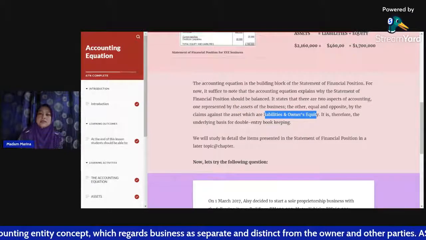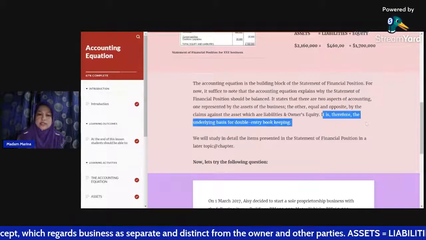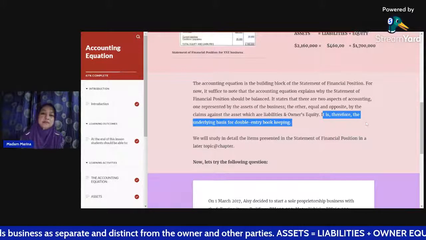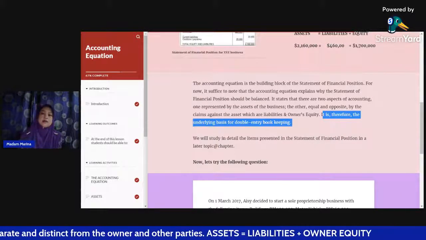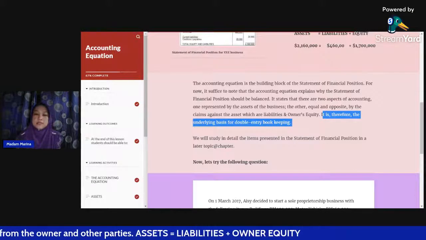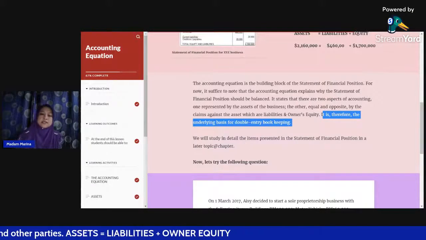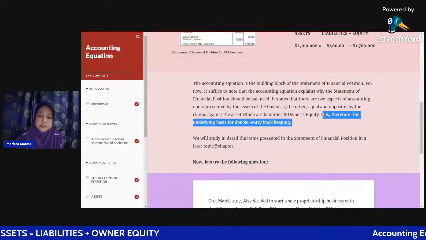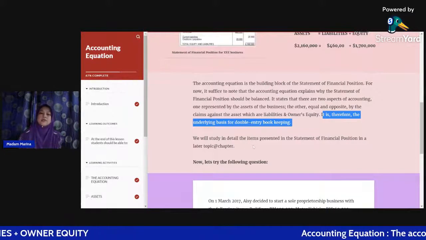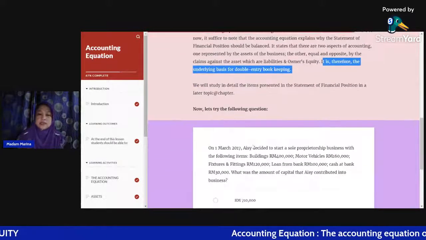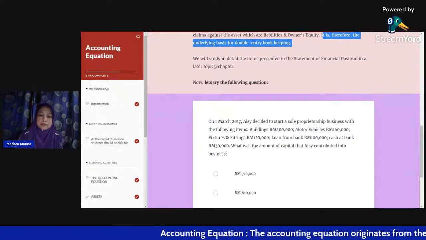It is therefore the underlying basis for double entry bookkeeping. We will study in detail the items presented in the statement of financial position in the financial statement topic later.